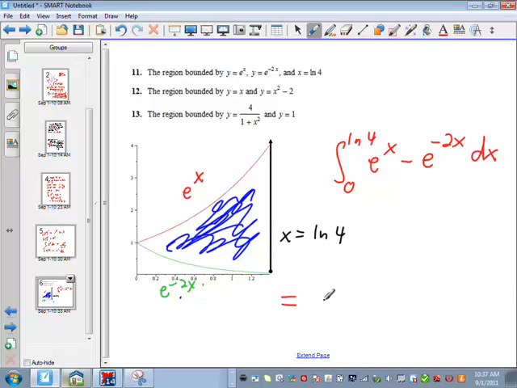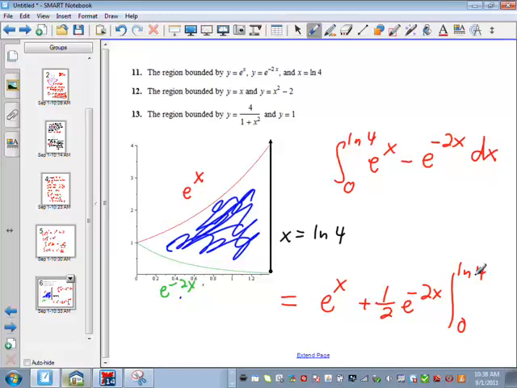This is equal to, by the fundamental theorem of calculus, e to the x plus 1/2 e to the minus 2x, evaluated from 0 to the natural log of 4. Now we said when we take the antiderivative of e to the lambda x, the answer is e to the lambda x divided by lambda.